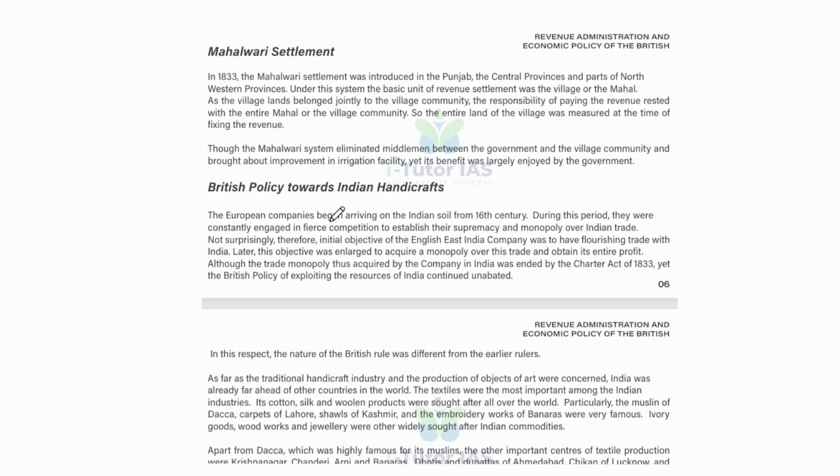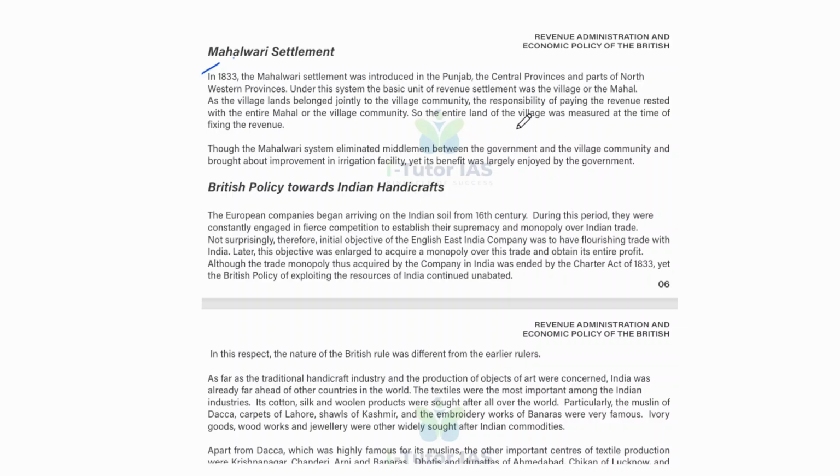And next, Mahalwari settlement. In 1833, the Mahalwari settlement was introduced in the Punjab, the central provinces, and part of the northwestern provinces. And under this system, the basic unit of revenue settlement was the village or the mahal. And as the village lands belonged jointly to the village community, the responsibility of paying the revenues rested with the entire mahal or the village community.